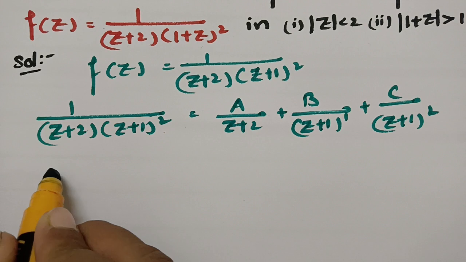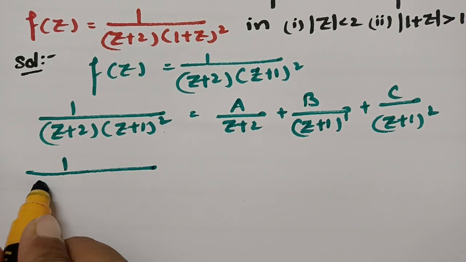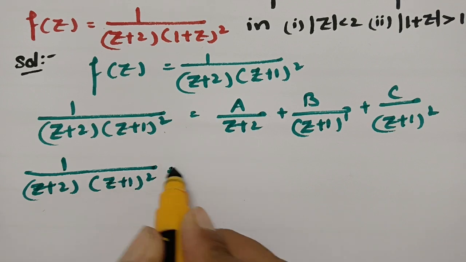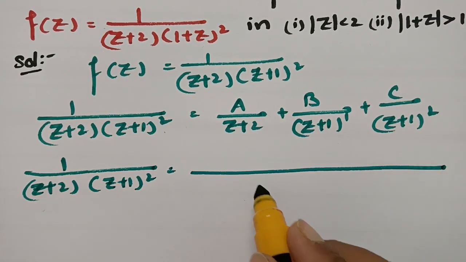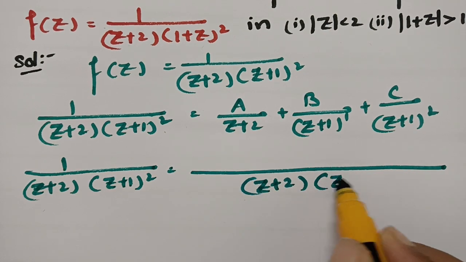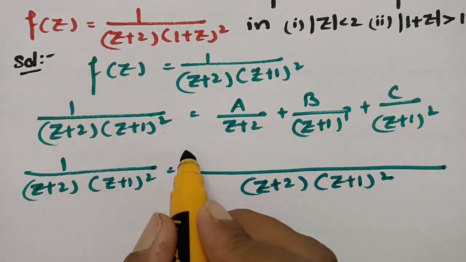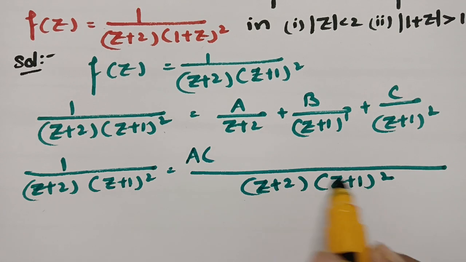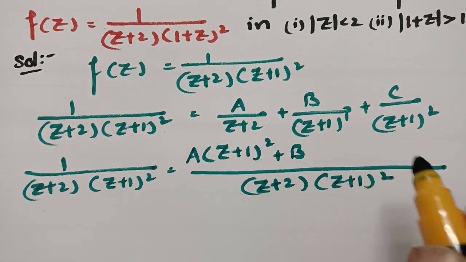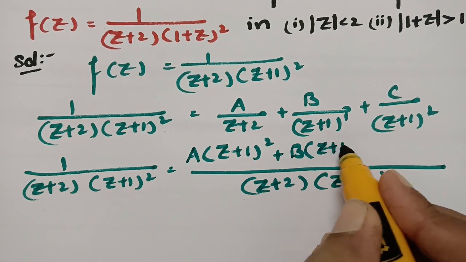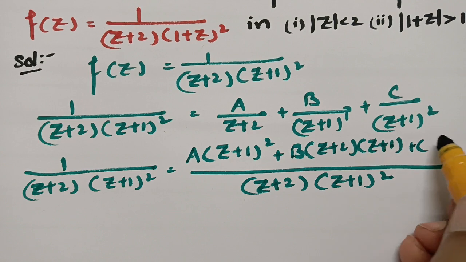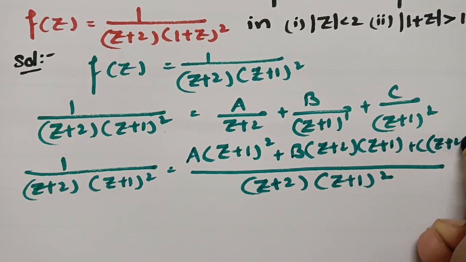Therefore, if I take LCM, 1 by (z plus 2) into (z plus 1) square can be written as, taking the LCM, (z plus 2) into (z plus 1) square in the denominator, and a times (z plus 1) square plus b times (z plus 2) into (z plus 1) plus c times (z plus 2).